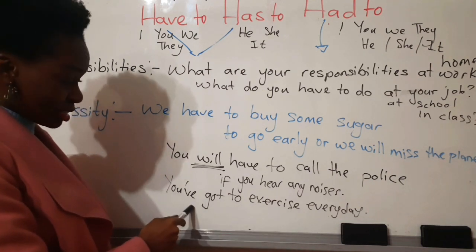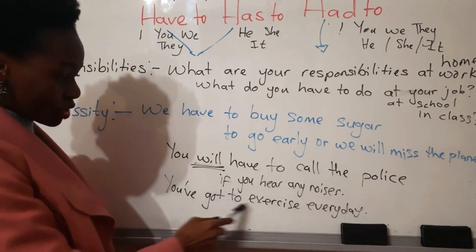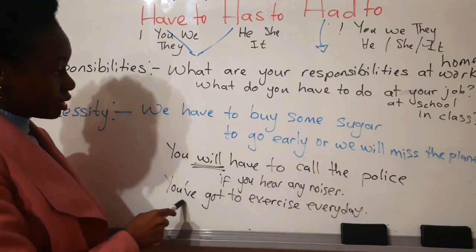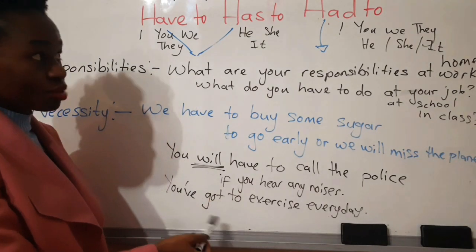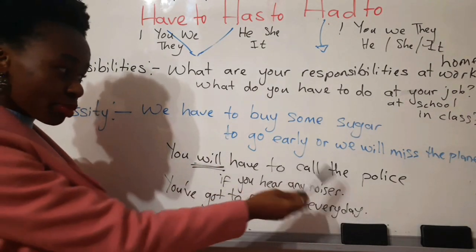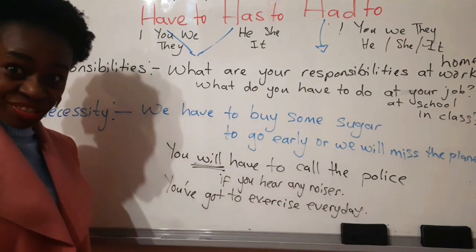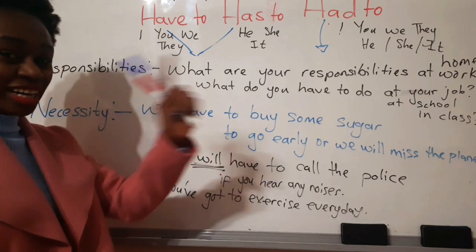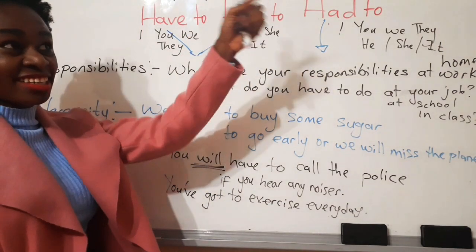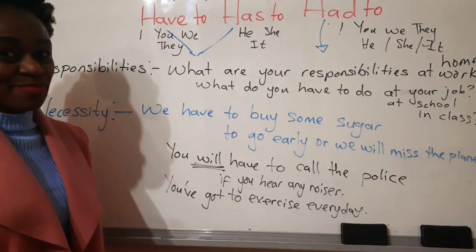Simple present, every day you have to exercise. And if we say we had to, I had to call the police because I heard noises. So I had to. So I had to, you will have to, I have to.